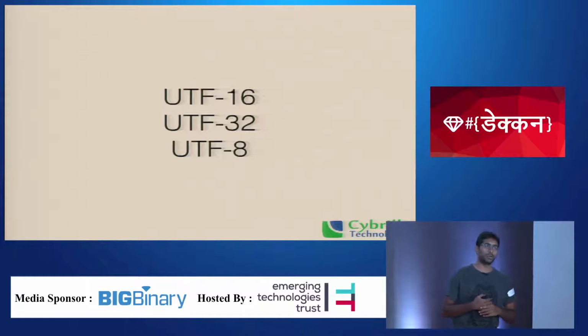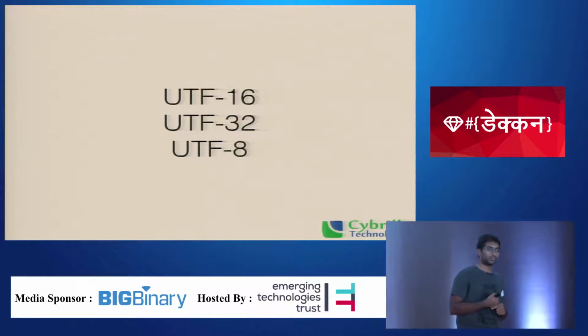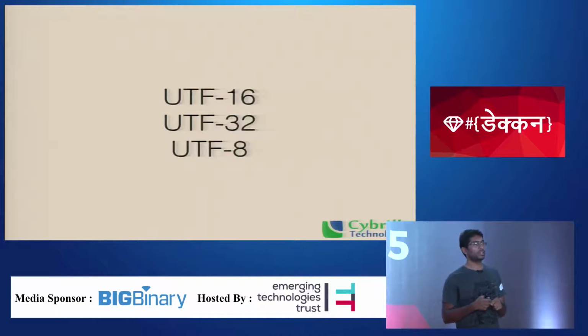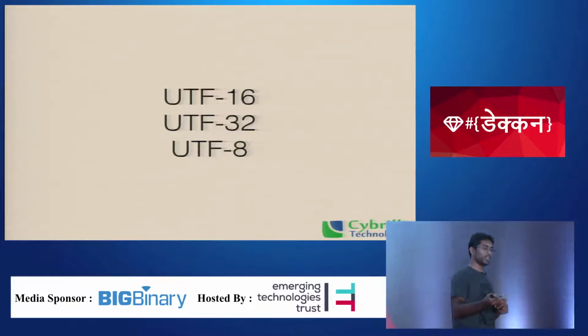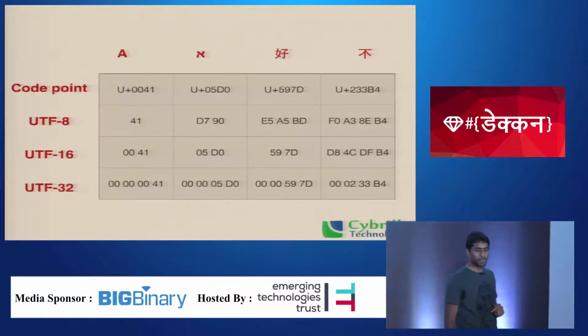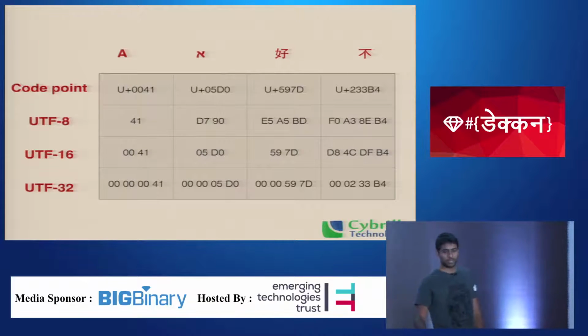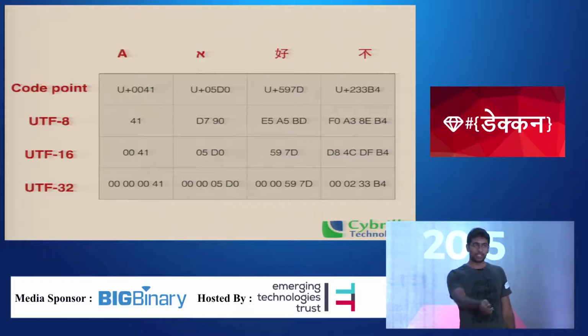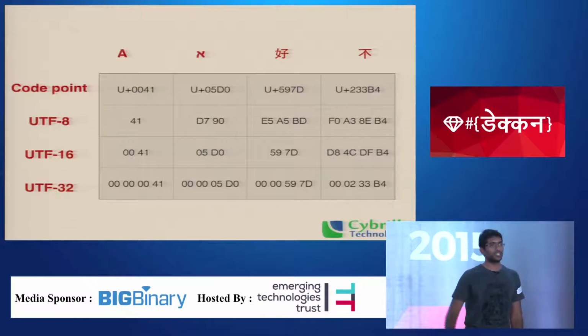The adoption of Unicode only became wide after UTF-8 was invented, because UTF-8 ensured backward compatibility with ASCII. I've taken an example with four different characters: the character A, and three others, one Hebrew, one Japanese and one Chinese.